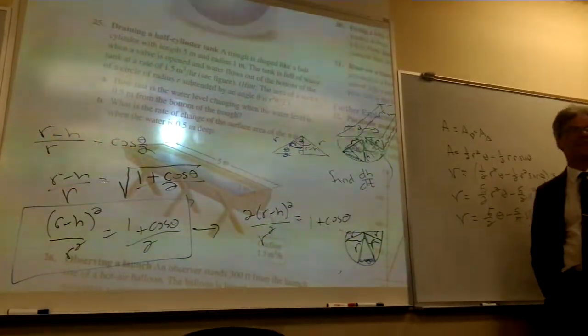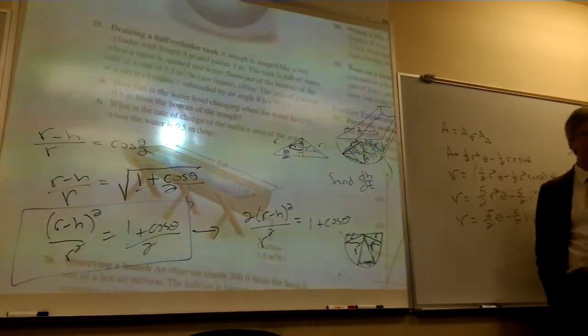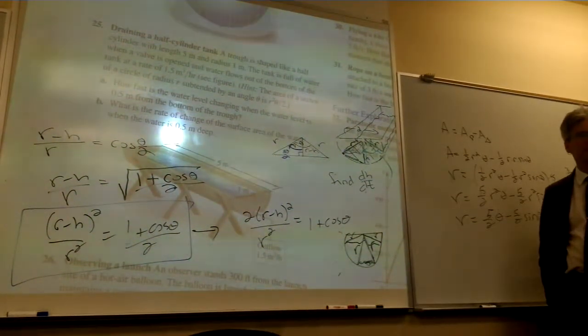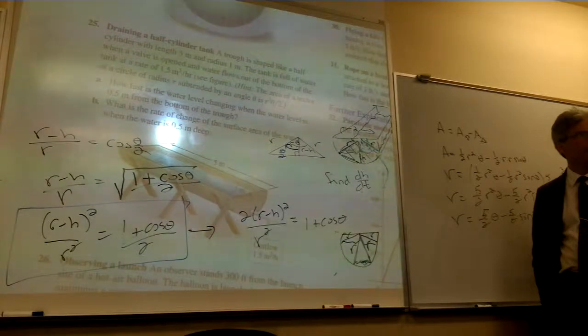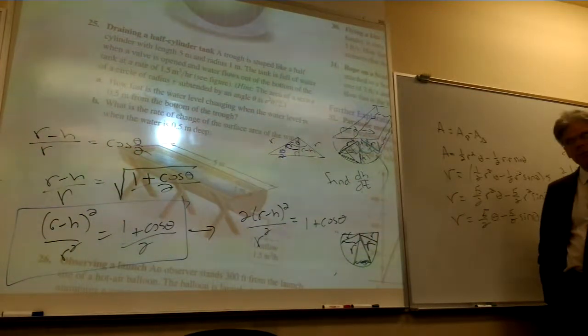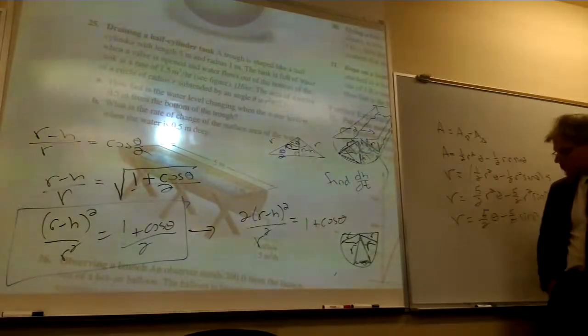I have a question. When you try and derive for h, there's a theta and a d theta/dt. So what do you do about that? Oh, that's fine. Actually, you don't end up with a theta, you end up with a sine of theta. Well, yeah.